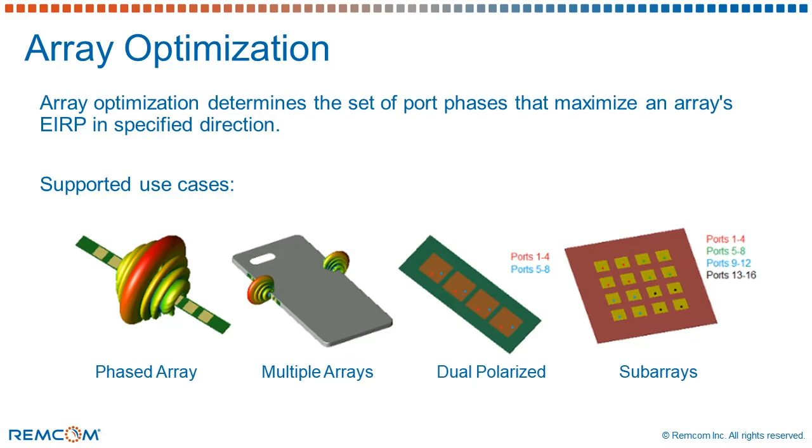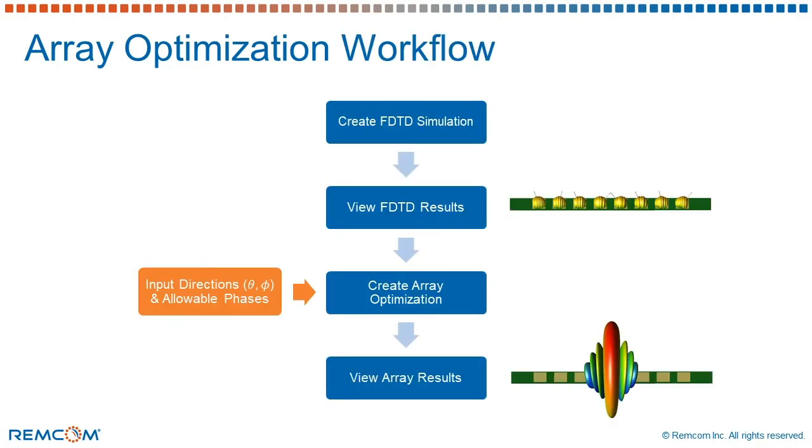Also, we can analyze dual polarized antenna arrays, and also perform analysis on subarrays, wherein separate elements or sub-elements of a bigger array can be analyzed as a group using the array optimization feature.